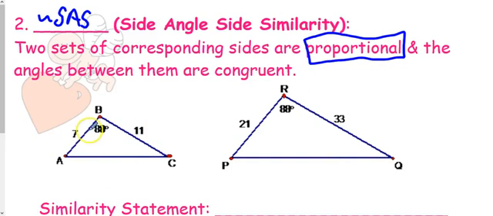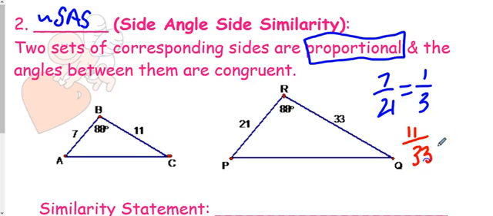So if we look at this and we put small over big, we'd have 7 over 21, which would give us 1 over 3. And then the second piece there, we've got 11 over 33, which gives us 1/3 as well.